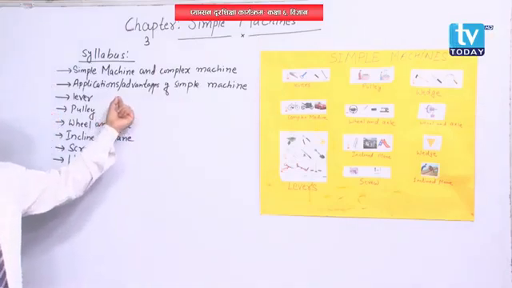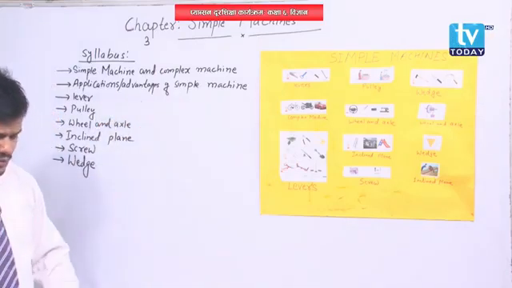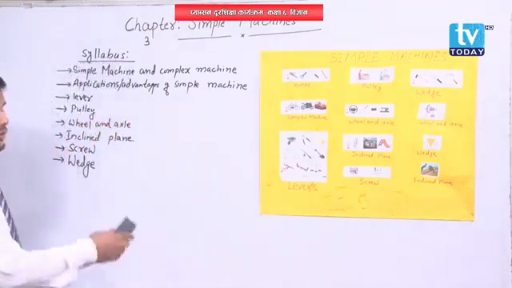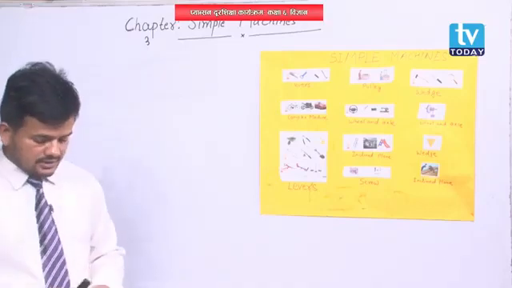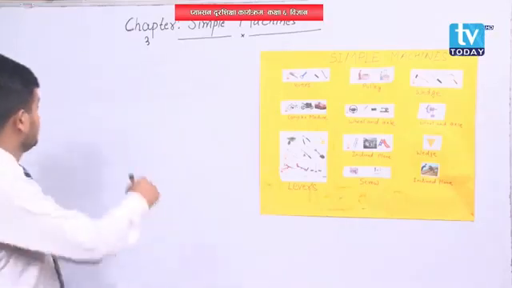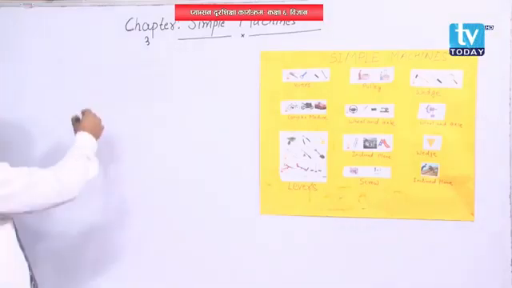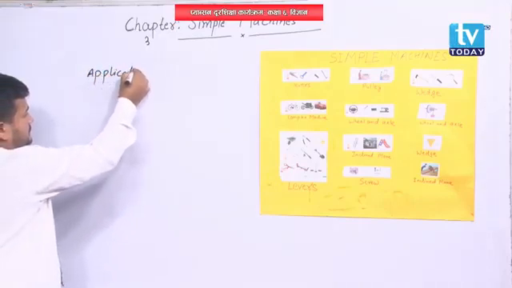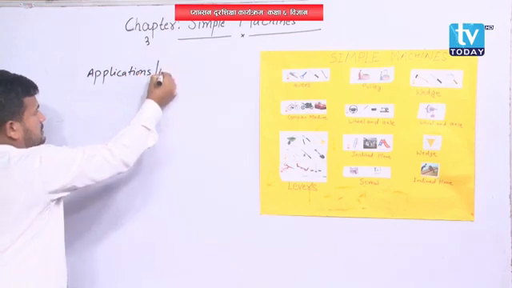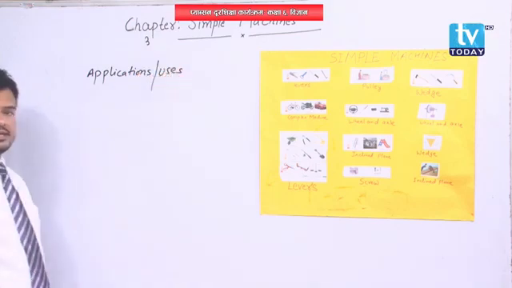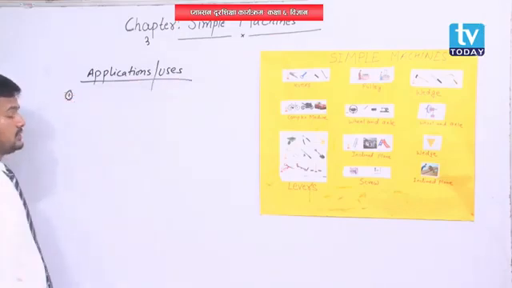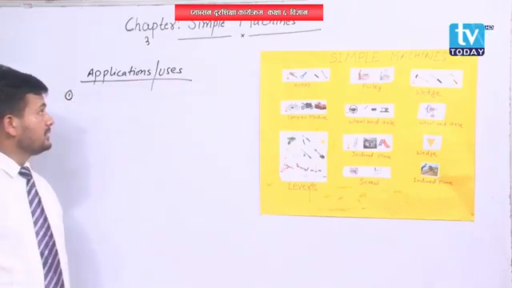Then applications or advantages of simple machines. What are the advantages of simple machines? So let me note down on the whiteboard. Applications of simple machines, or you can say the uses of simple machines. There are 4 points you have to remember here.